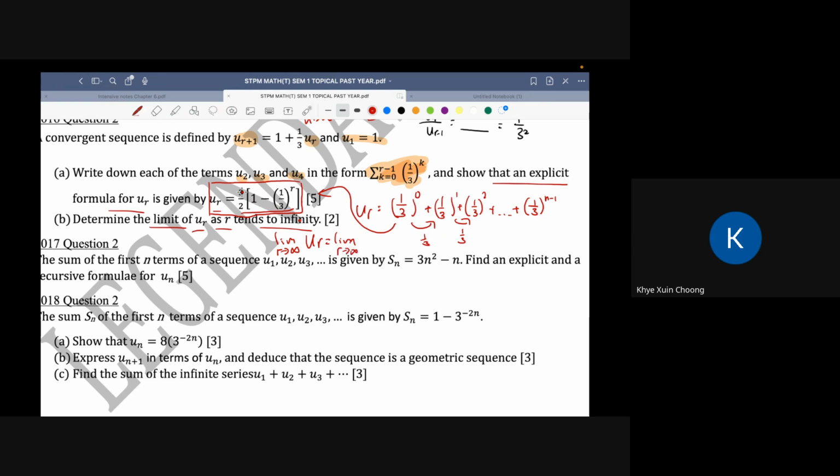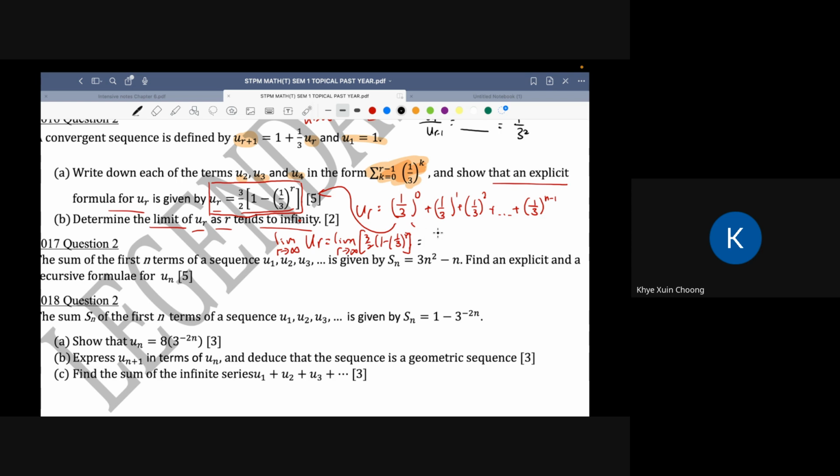Okay. So if you try to limit this, you actually get this 1 over 3 power R. When you have a fraction that is less than 1 and you limit it to infinity, it means that you times it infinity times. 1 over 3 times 1 over 3, you will get a smaller number.